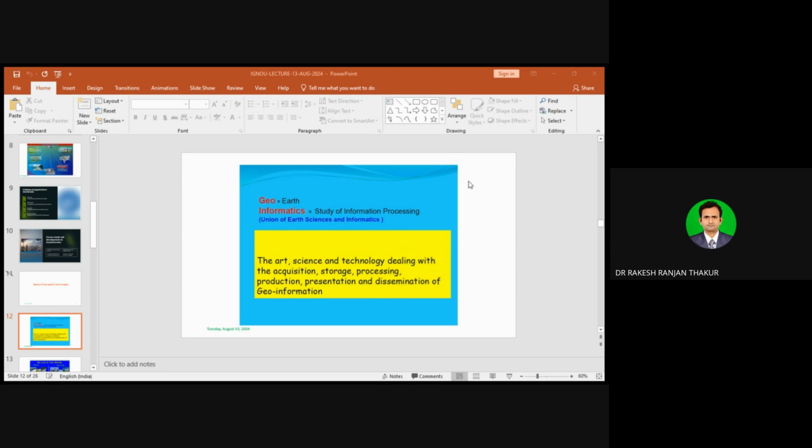We need to send the alert to that particular area. So in that case, location-based service is there. Based on the location, we can send the alert to the targeted audience or targeted people.